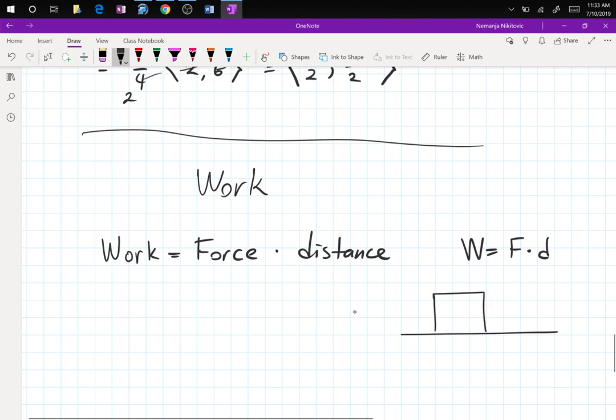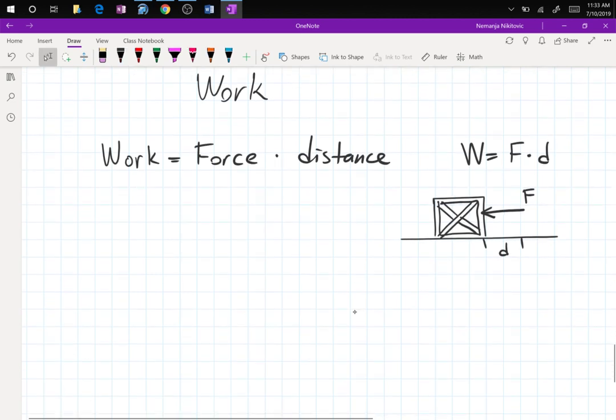Here is your object which you are pushing, some kind of crate. And here is the force that is applied to it, and it's going to cover some distance d. So this is the cheapest possible formula. You understand this in middle school, we're all good.